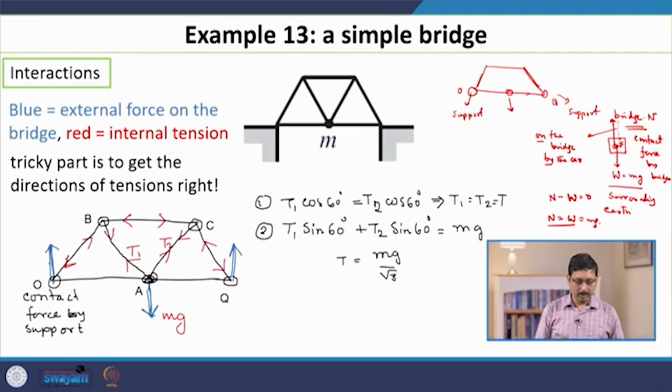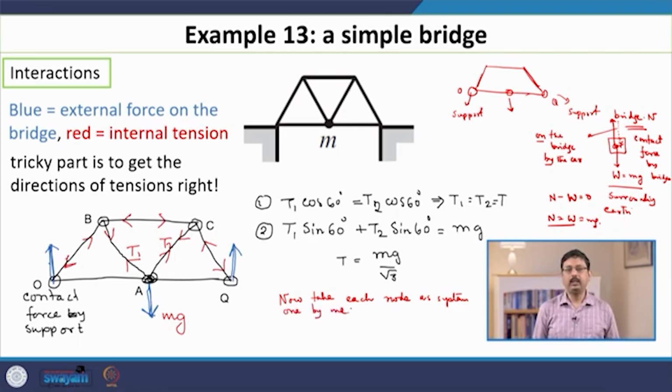If you take each node as your system, then we need to draw the free body diagram of that particular node and apply the conditions of force and torque balance, and then we can write down some equations of the unknown tension forces, and once we find all the equations, then we can solve them to calculate the unknown forces.